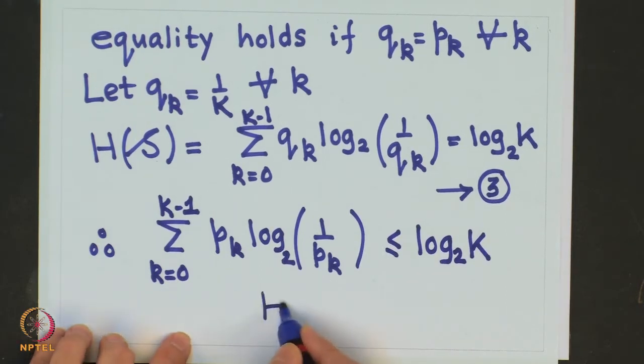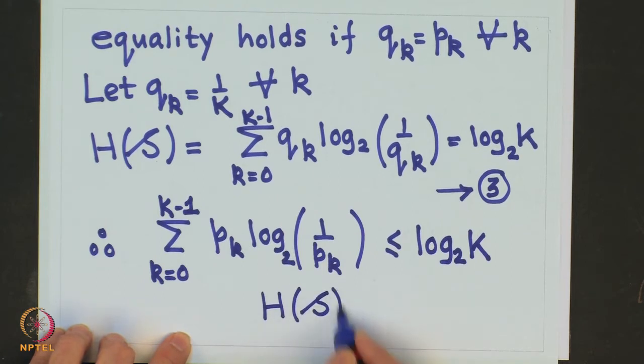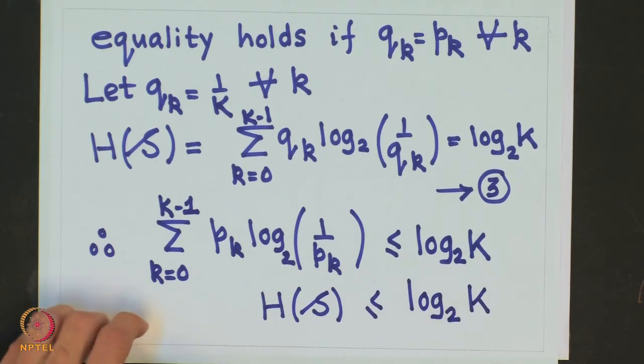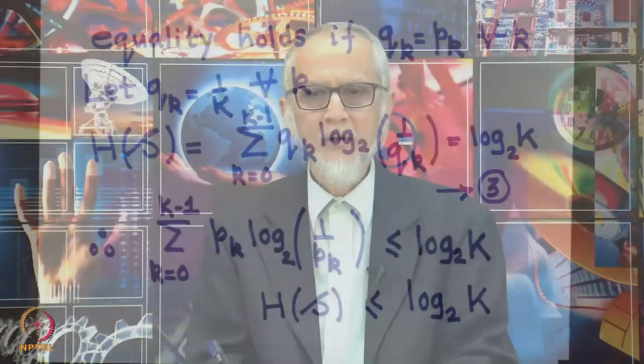This is nothing but the entropy of the source is less than or equal to log 2 K.